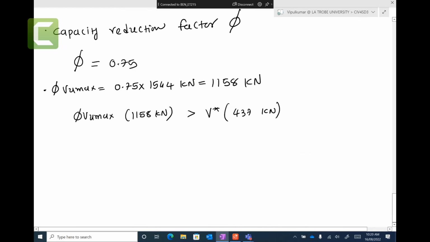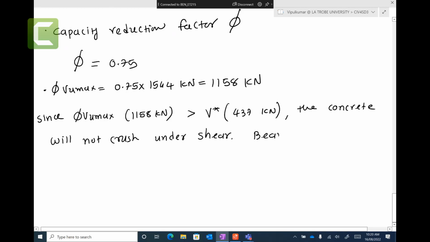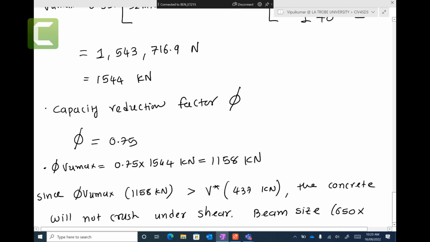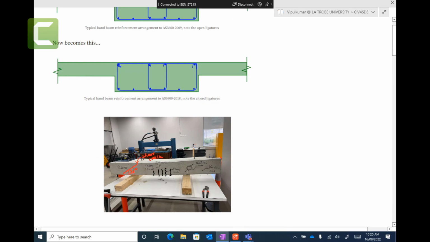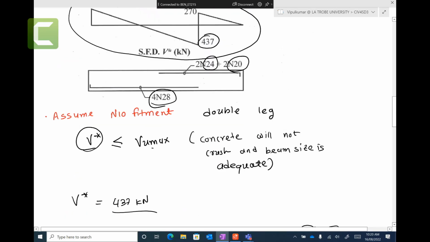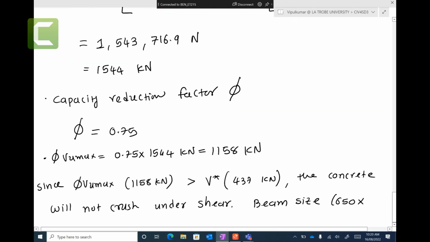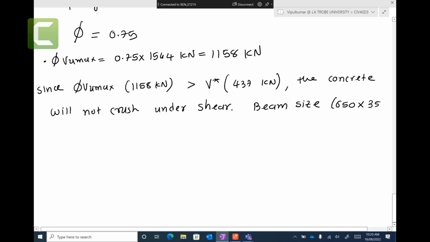Since the concrete will not crush under shear, we can also say that the beam size, which is 650 by how much? 650 by 350, is adequate for shear, right?